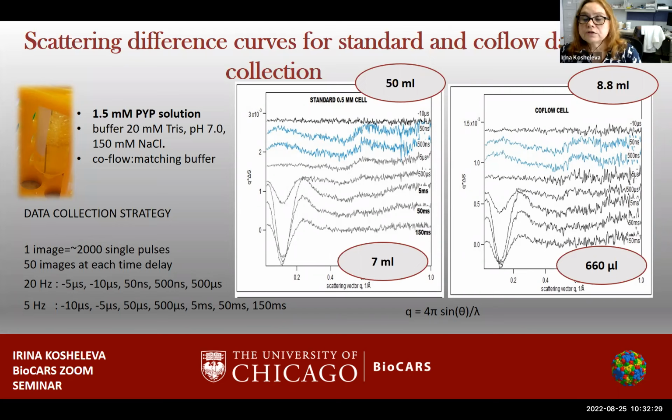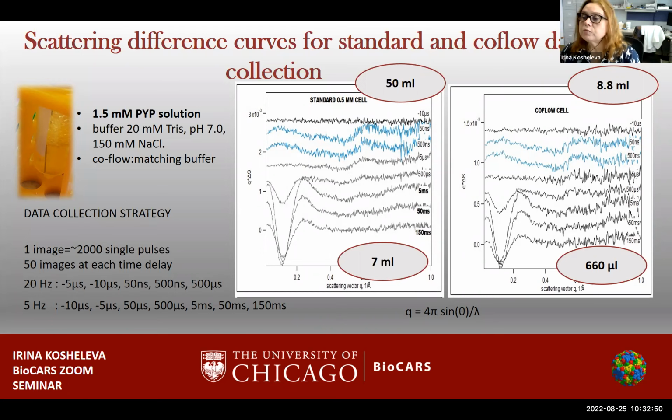As you see, I collected only a limited number of time delays, much less than it normally would require to study the whole signal transduction in PYP, but the reason for this experiment was just to compare the data and see how much sample I will get.